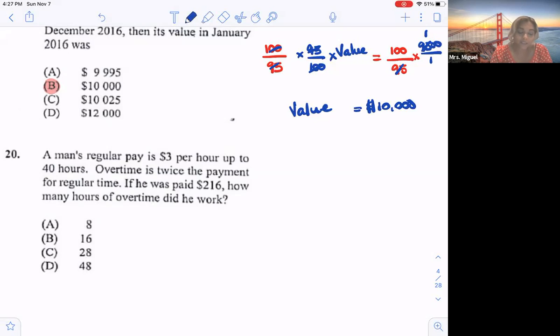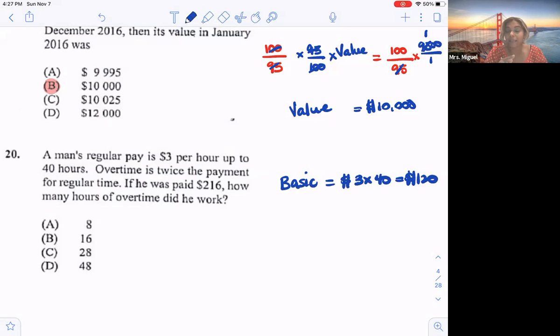So his basic wage is $3 by 40, which is 120. If the man didn't work any overtime, he would just take his 120 and go home.